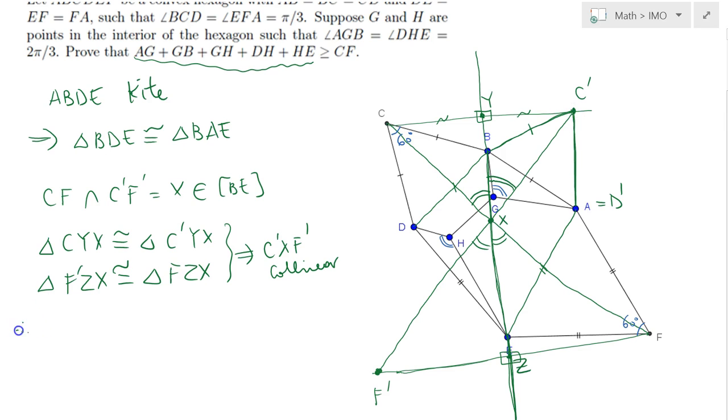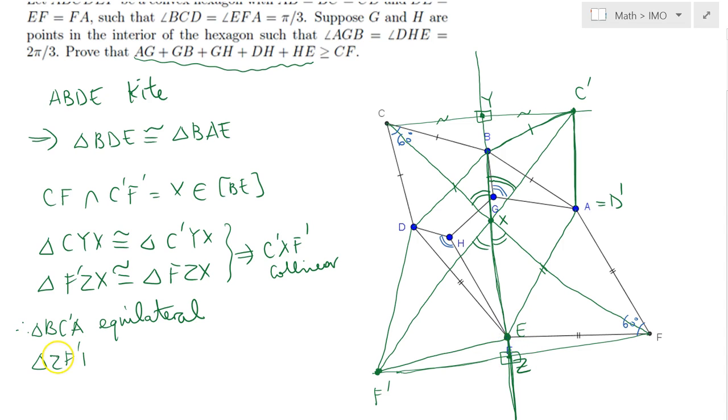So therefore, triangle BC prime A is an equilateral triangle. Similarly, we realize that E F prime D is also an equilateral triangle, clearly, right?